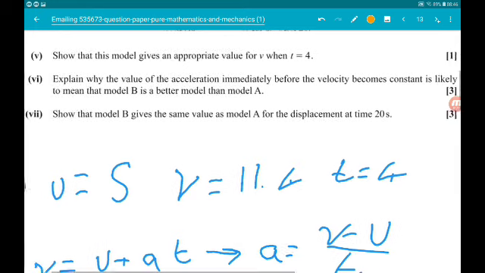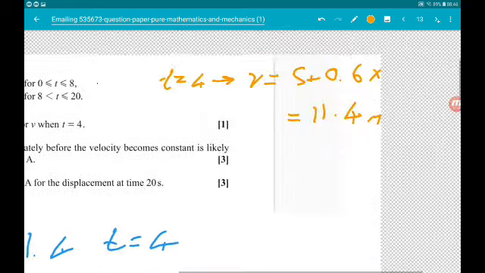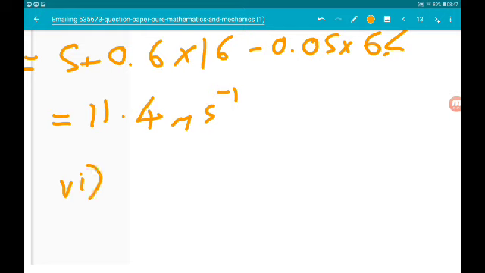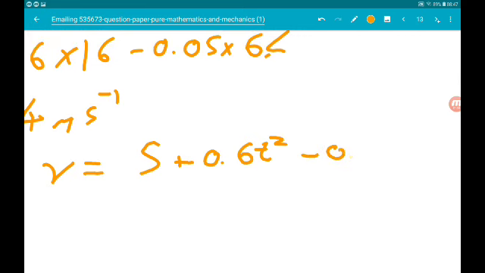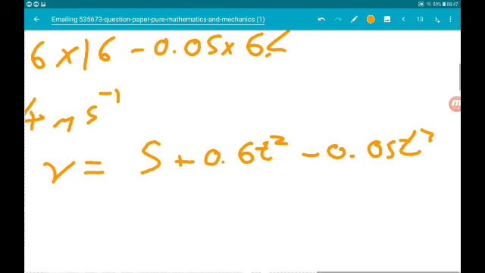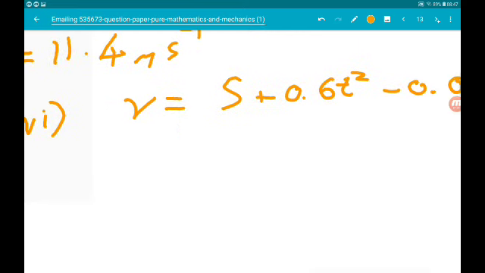So if the velocity is 5 add 0.6 t squared minus 0.05 t cubed, then we know acceleration is the derivative of velocity with respect to t.